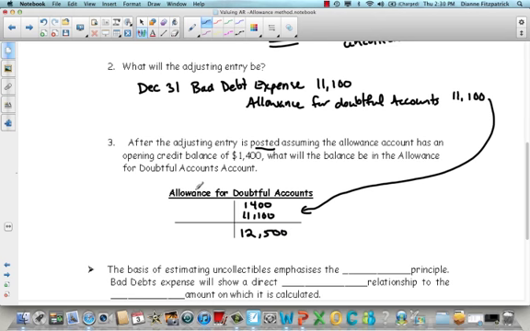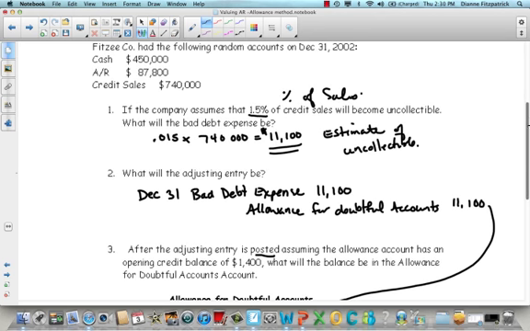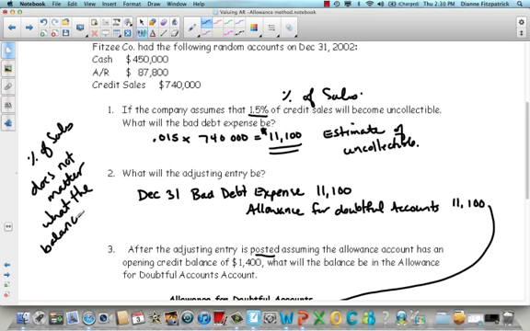Okay? And that's okay. Remember, in the percentage of sales method, it does not matter what the balance is in your allowance account.